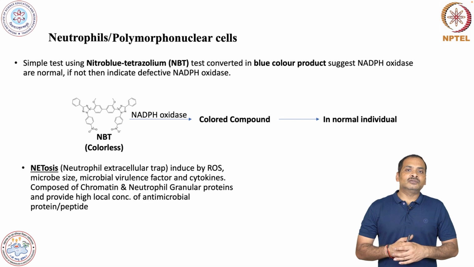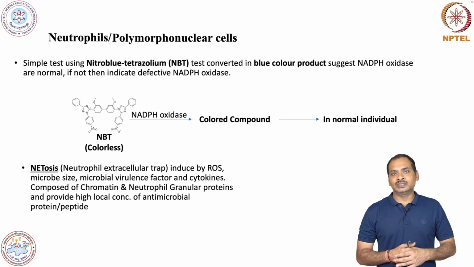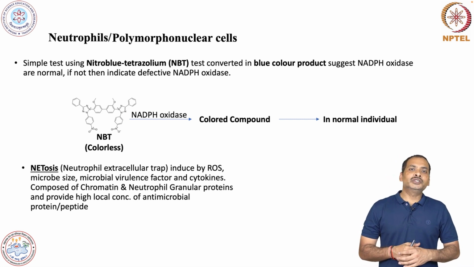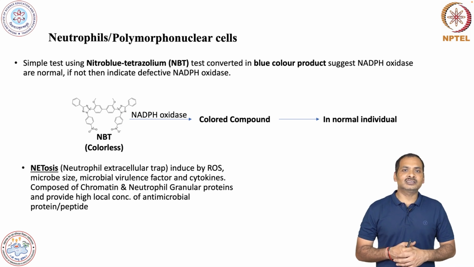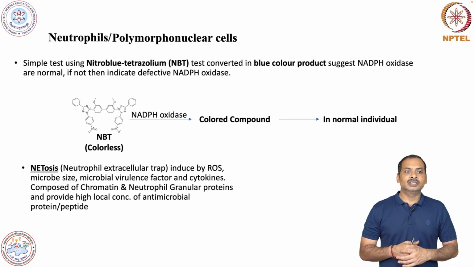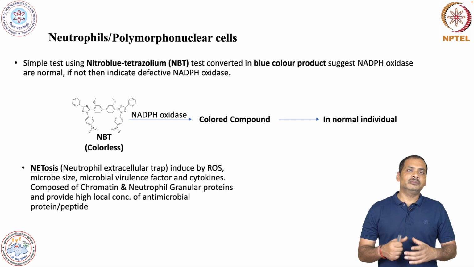So, there is one very simple experiment by which we can show whether NADPH oxidase is functional or not. We use a very simple, colorless reagent which we call nitro blue tetrazolium, and this test we call the NBT test.